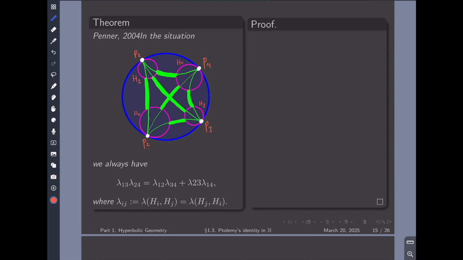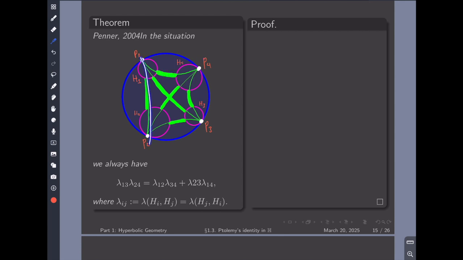and that the corresponding lambda lengths are given. Between 1 and 4, the lambda length is lambda 1, 4. So it's the exponential of this hyperbolic segment.